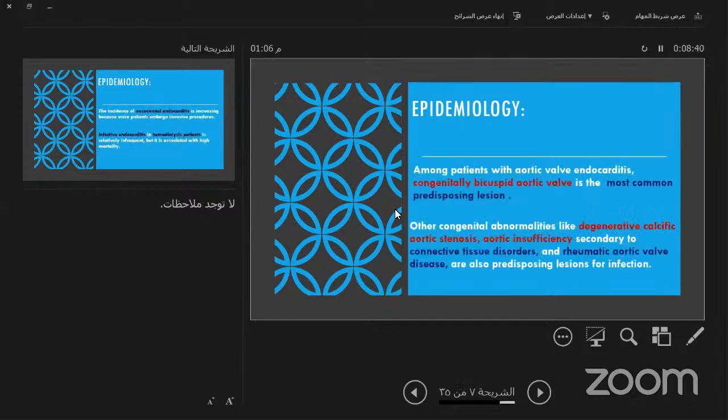Can you make the slide a little bit bigger? The slide is not in the presentation mode, I think, because we can see two slides.